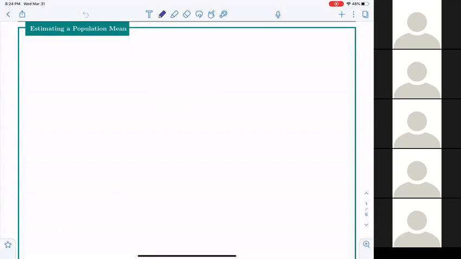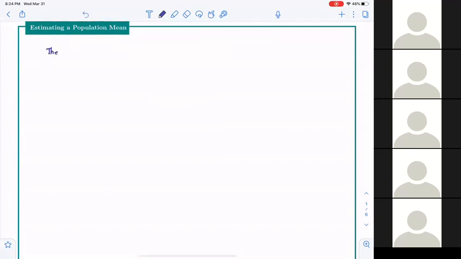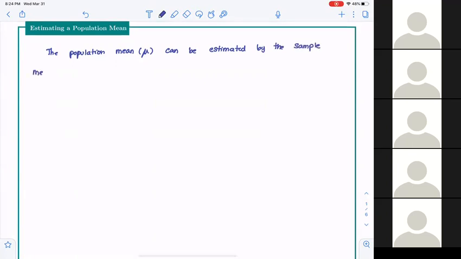So by the sample mean, which we can either call X bar, or we can call mu hat. Either would work.